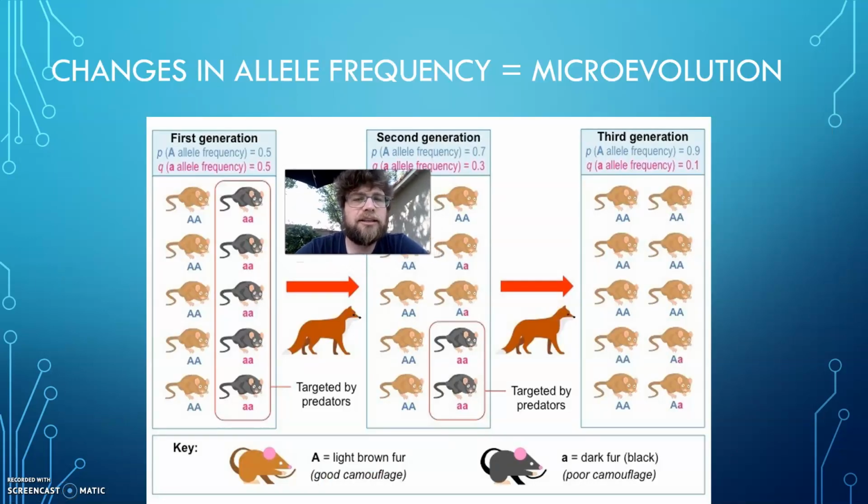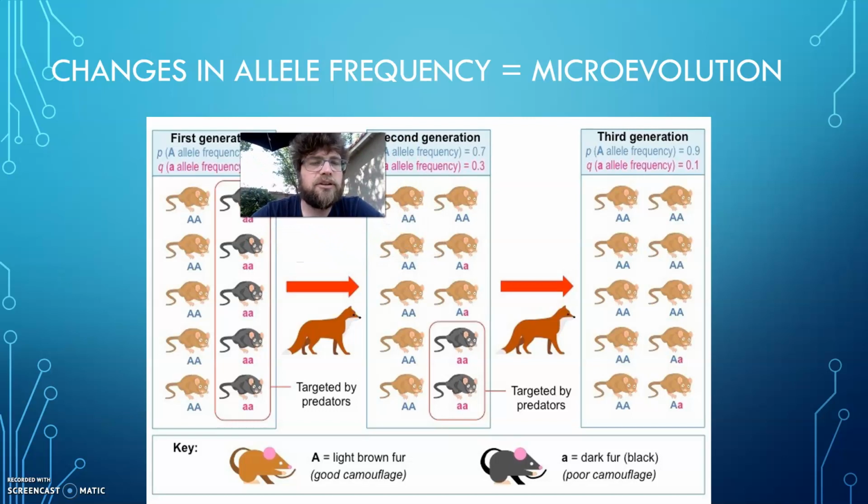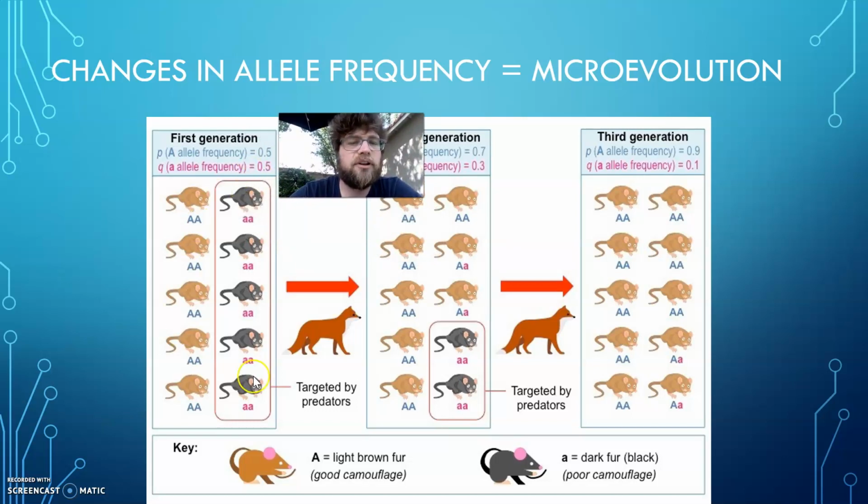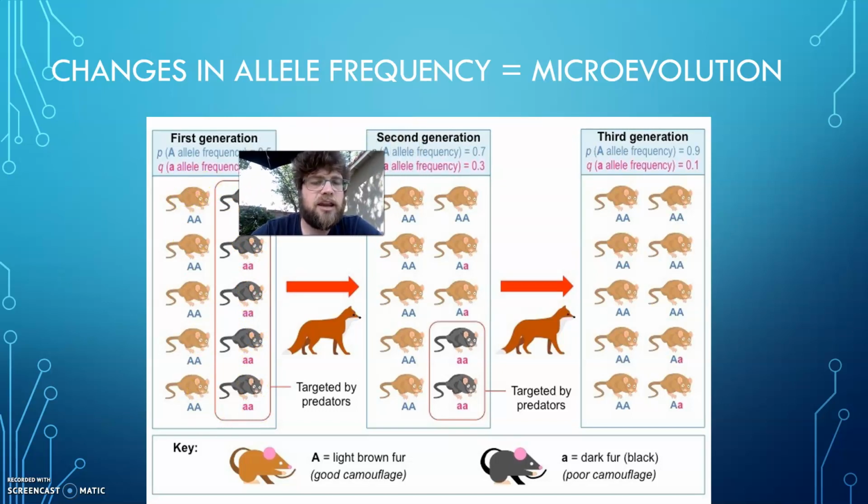When I look at the data, the change in allele frequency, in the first generation I was about 50-50, 50% of this lowercase a allele. So half of the mice were homozygous recessive and half were homozygous dominant. But that ferocious canine predator ate more of these dark mice.